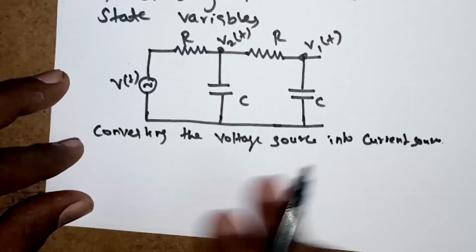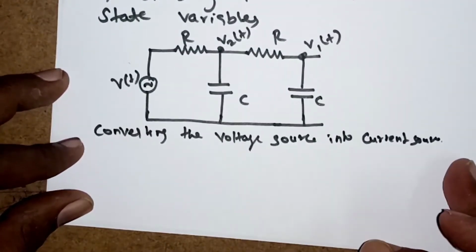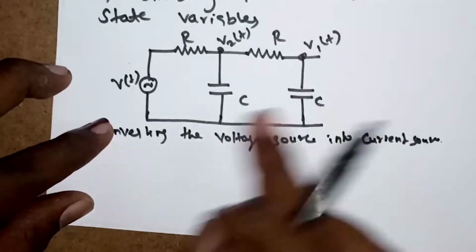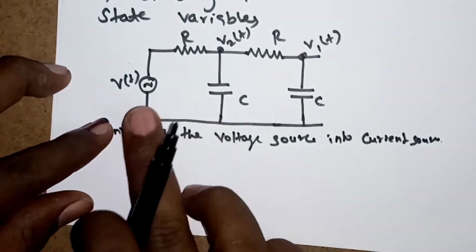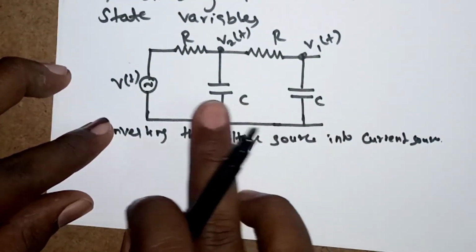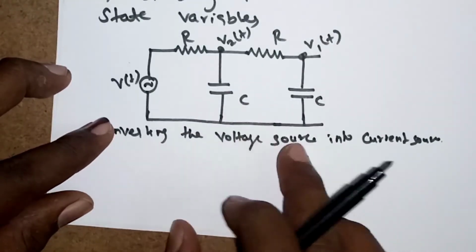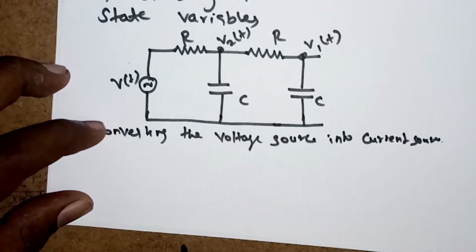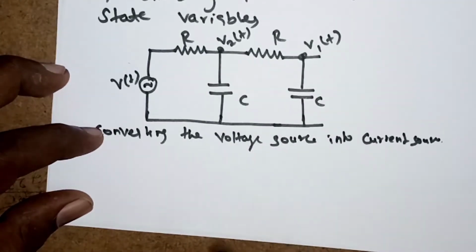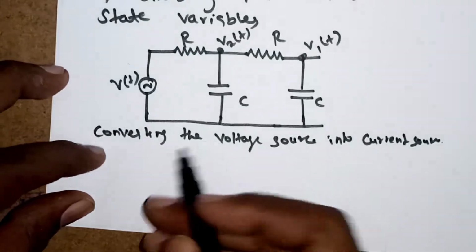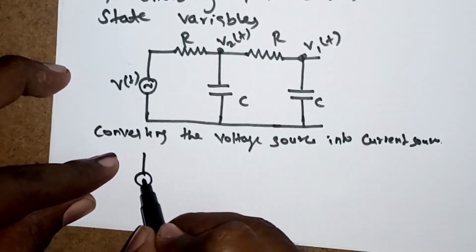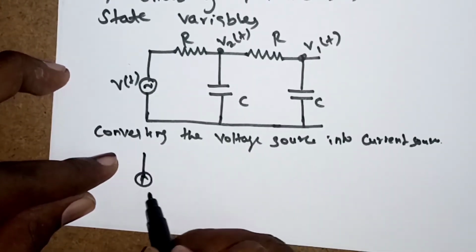Because voltage is the same across parallel elements. Here the voltage across this capacitor and this capacitor is the same. That's why we convert it into a current source, because current is variable in the capacitor as it charges exponentially throughout the circuit.